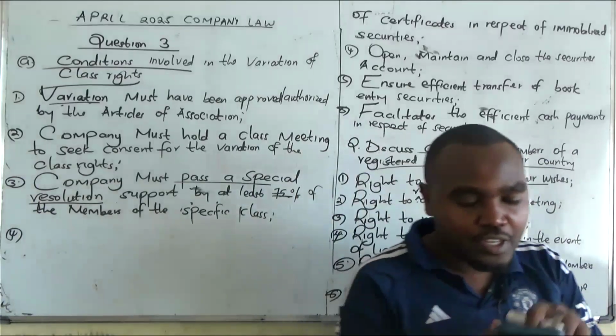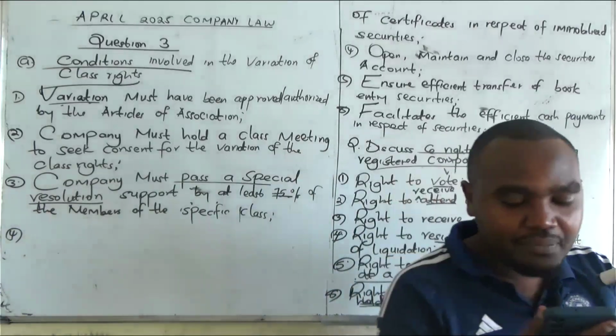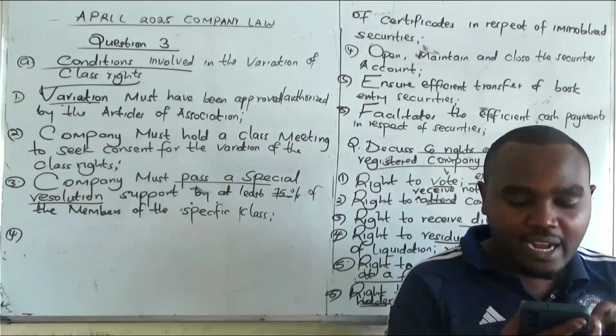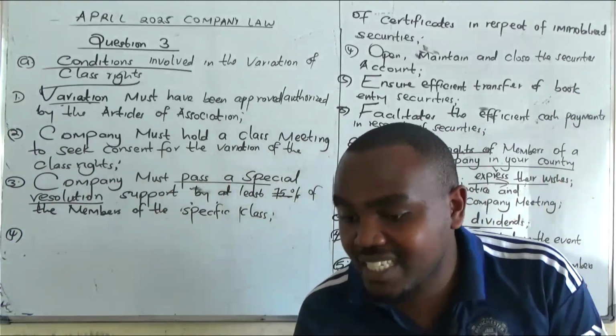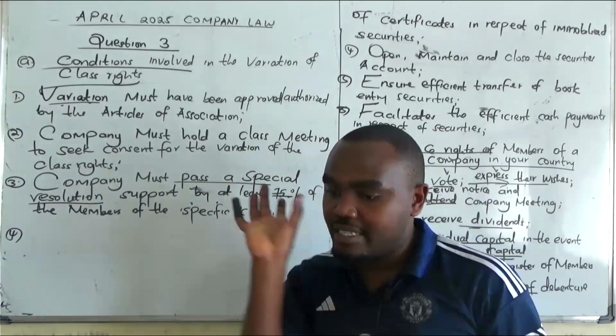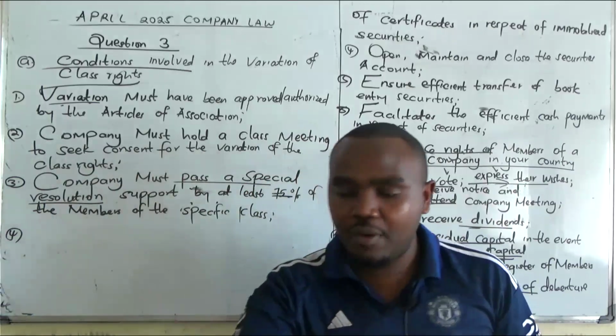So now, because they said, involved in determining the permissibility of the variation of class rights, taking into account the rights of the dissenting shareholders. Dissenting shareholders are the minority. We have said it must pass a special resolution that the 75% must be in support of that variation. So what about the others?